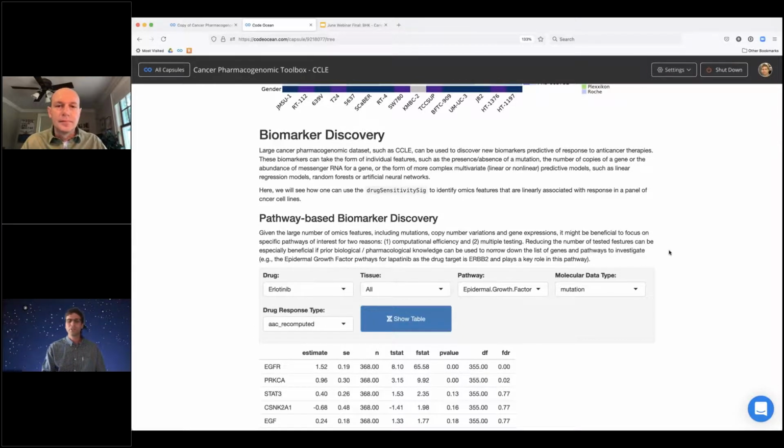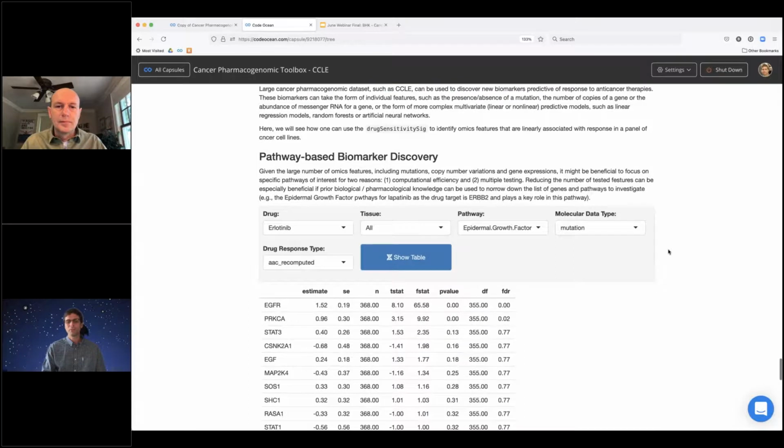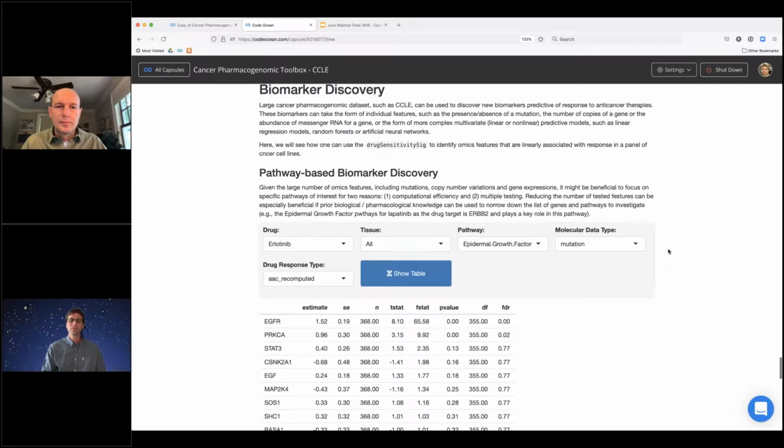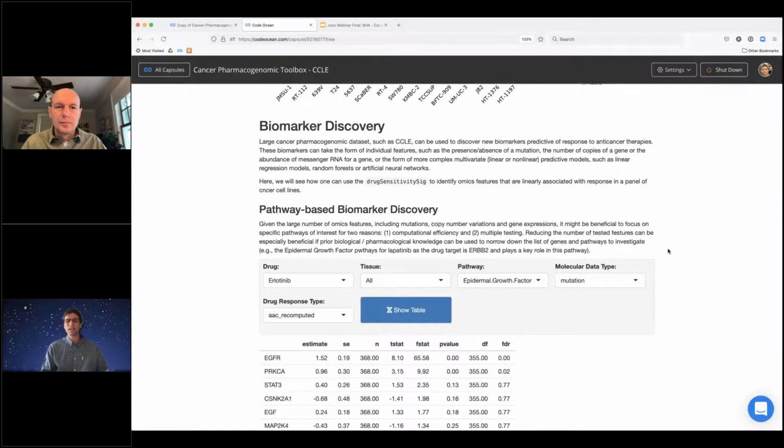And in this first version of the capsule, we've implemented something very simple. It's just a linear regression model, taking a series of features as input, correcting for tissue type when you look at multiple tissue types, and looking at whether a given aberration is highly associated with drug response.